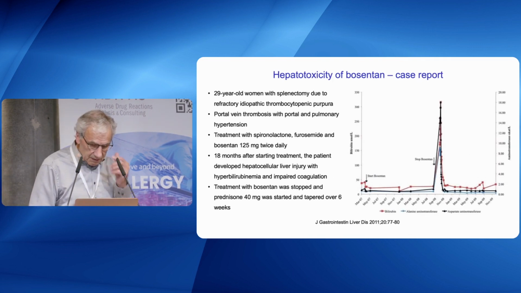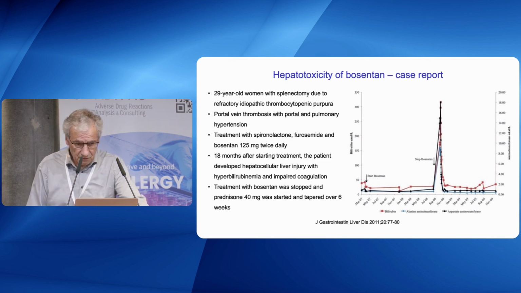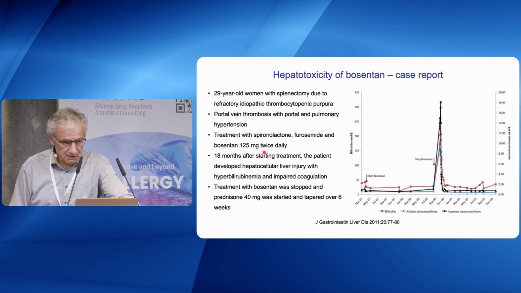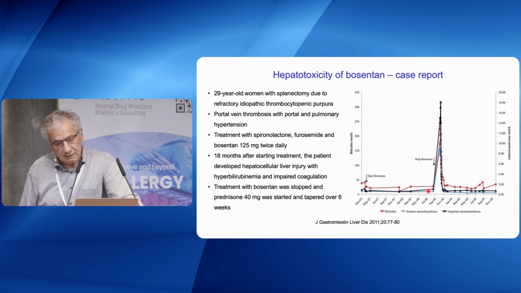I give you one example of such a toxicity. This patient was treated with a normal dose of bosentan, twice 125 milligrams per day. And then after about 1.5 years, suddenly, we don't know why, the patient had an increase in bilirubin and the transaminases, so severe hepatotoxicity, and bosentan was stopped.